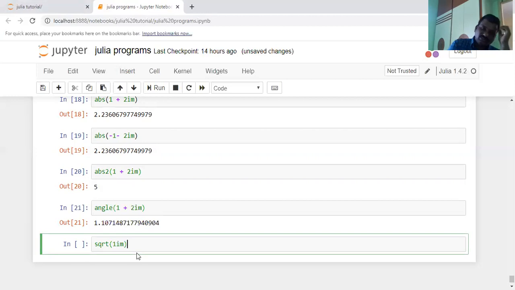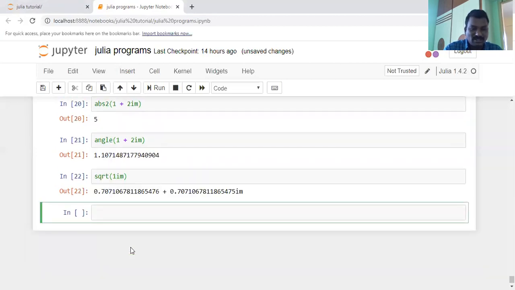Here not only those functions, here you are having the square root of 1im, the root of 1im. That means im in the sense minus 1 root. Here the root value, for that root again there is a root. Here you have imaginary value also.